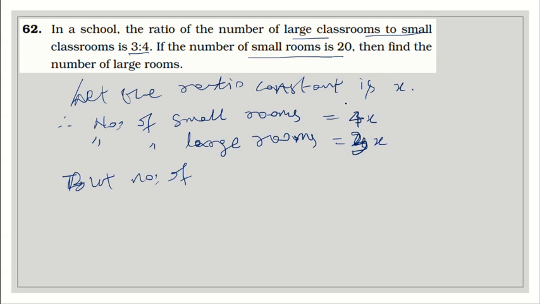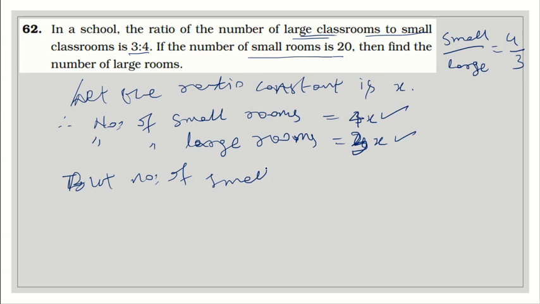Okay, here large to small they gave as 3:4, large to small is 3:4, means small to large becomes 4:3. So number of small rooms will be 4x, number of large rooms will be 3x.